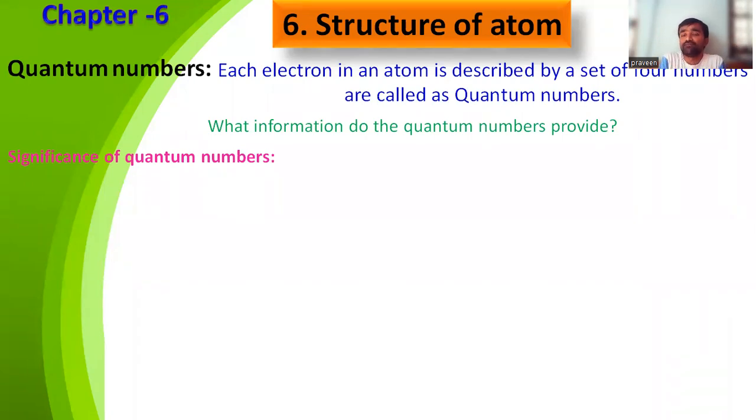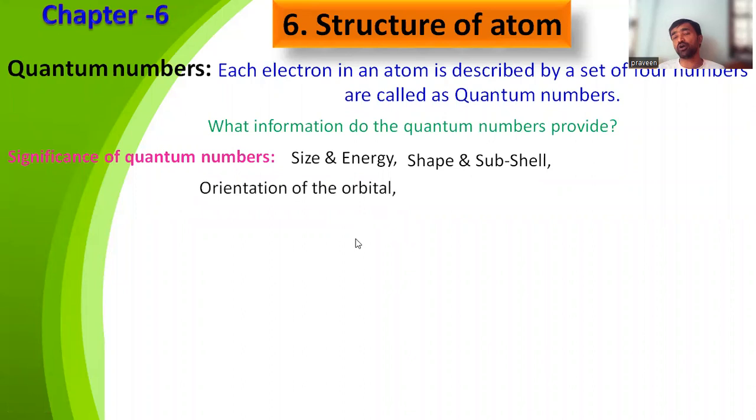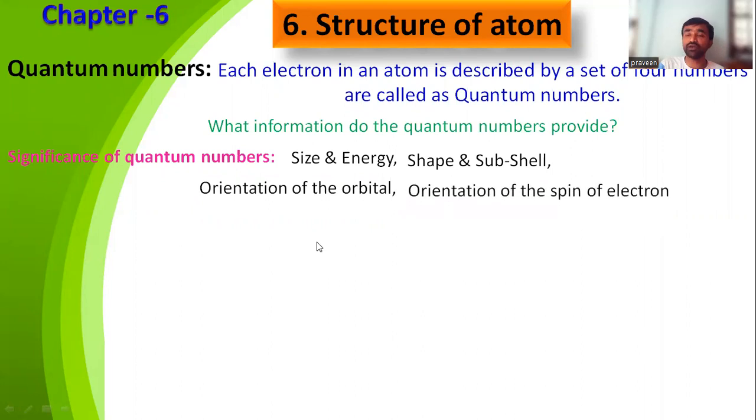Individually, one by one, they introduced and explained them. The significance of quantum numbers is to know about the size and energy, the shape and subshell or sub-energy level, the location of the electron, which is the orbital, the orientation of the orbital, and the spin of the electron.